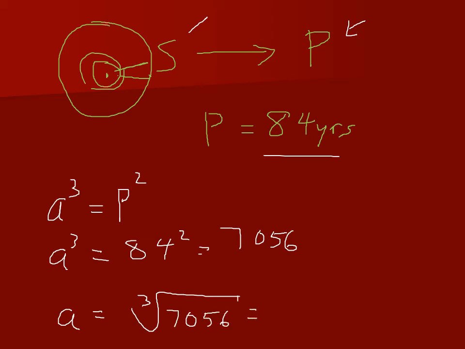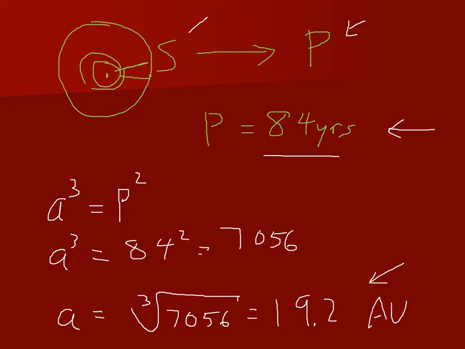Well, how do you take the cube root? You use the right button on the calculator to do that. The cube root of 7,056 comes out to be 19.2 AU. So that means a planet or an asteroid or something that orbits the sun once every 84 years has an average distance of 19.2 AU.